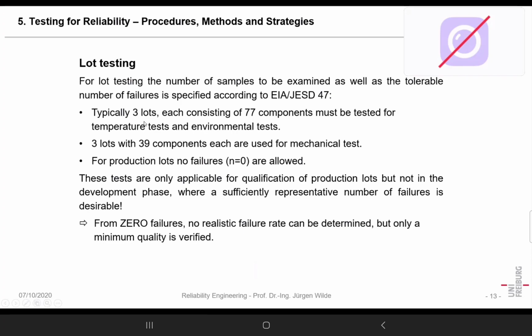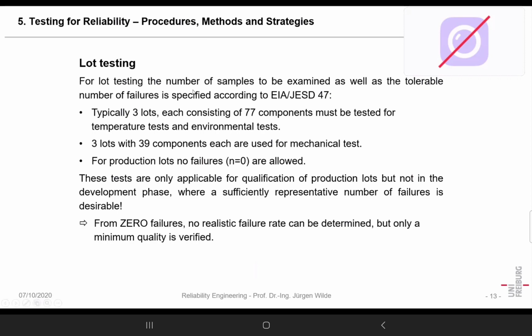We get from the supplier 3 lots, each having, don't know why, 77 components. So that it is 231 devices. And when these are tested, none are allowed to fail.